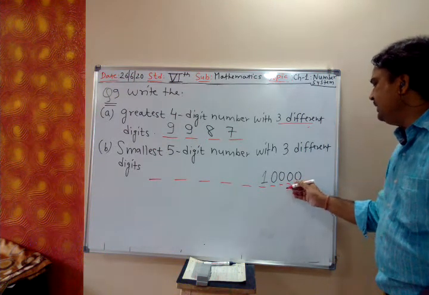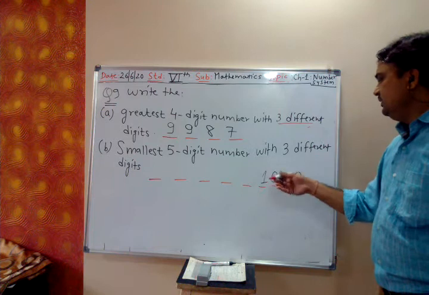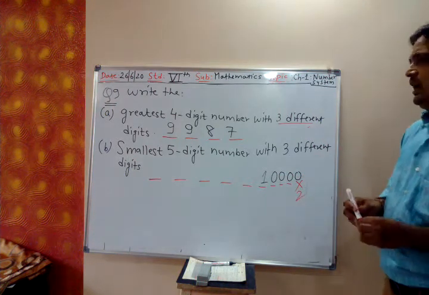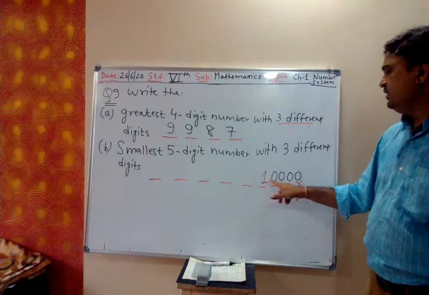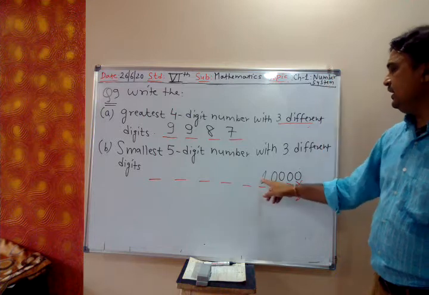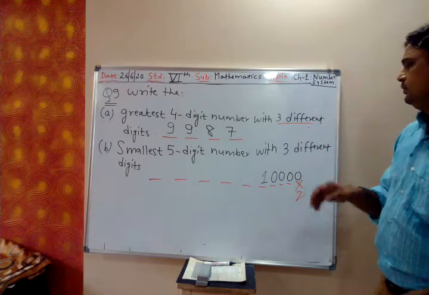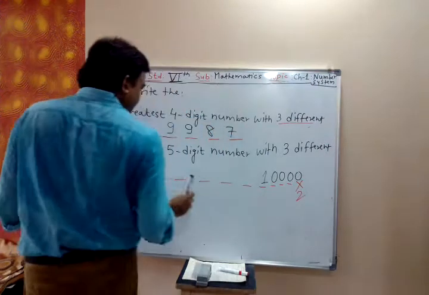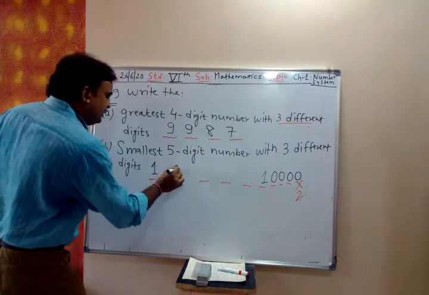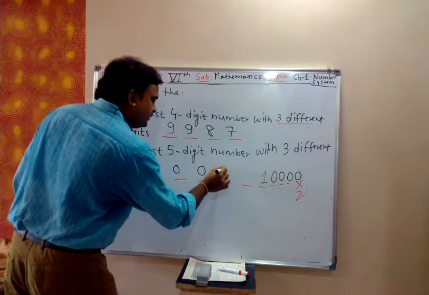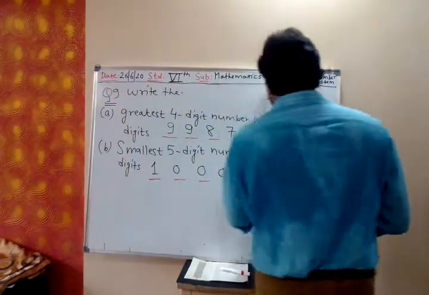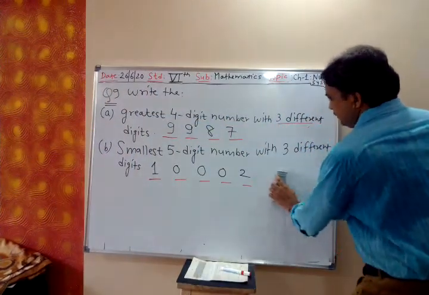Now this I will replace by some other digit. The last one I will replace by 2. So how many digits are there? 1, 0, then 2. There are 3 different digits. 1, 0 and 2. So 10,002.